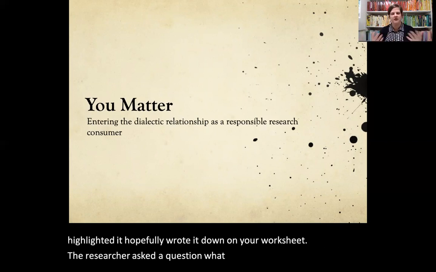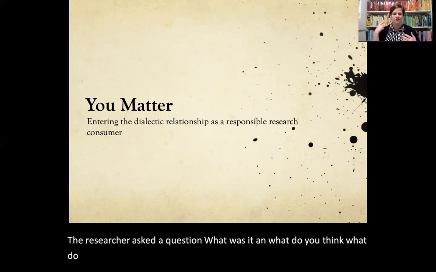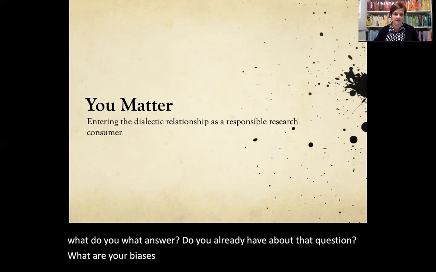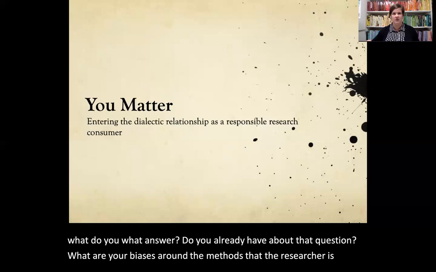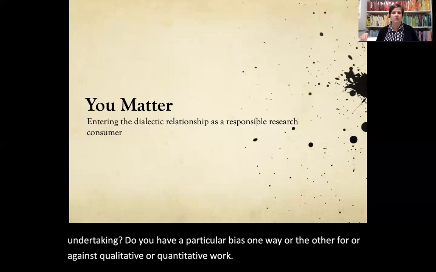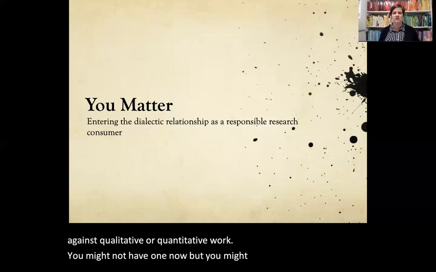And what do you think? What answer do you already have about that question? What are your biases around the methods that the researcher is undertaking? Do you have a particular bias one way or the other for or against qualitative or quantitative work? You might not have one now, but you might find after you read more that you start to develop one.